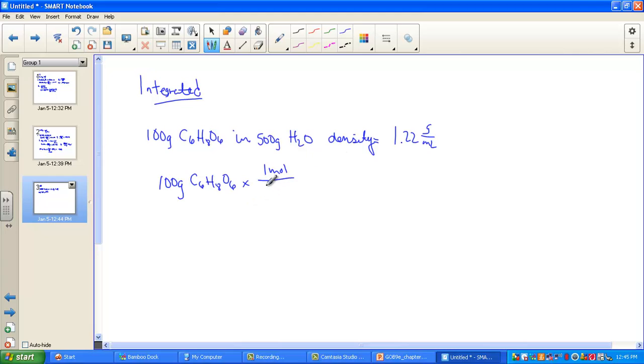I found 176 grams. And if I convert 100 divided by 176, we get the number of moles, 0.568. And now that shows me moles of solute, which we need for both molarity and molality.